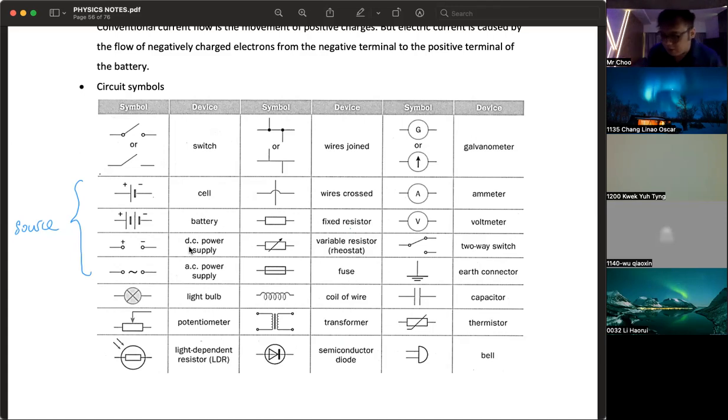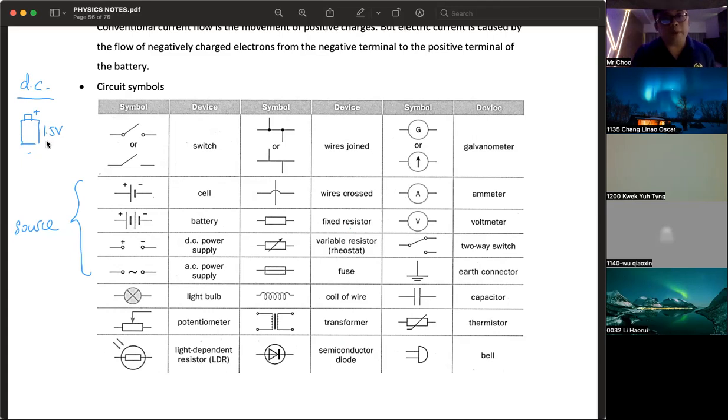I'll give an example of a DC source, direct current. We have this thing called a battery. The common battery, all of you will know, is a 1.5 volt battery. The very simple AA or AAA battery, the potential difference, or sorry, the EMF, is 1.5 volt.